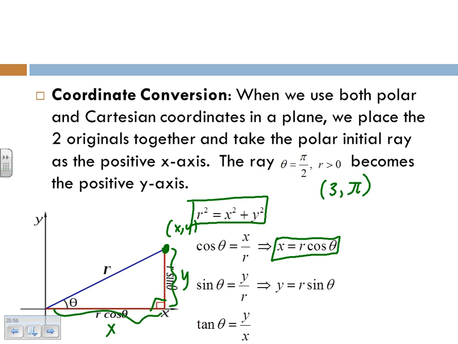Then what's the sine of that angle? Y over r, so y equals r sine theta. Those are the equations to relate x's and y's with polar. These are the main ones. You can remember those, and all of the other trig things are easy to adapt if you know those.